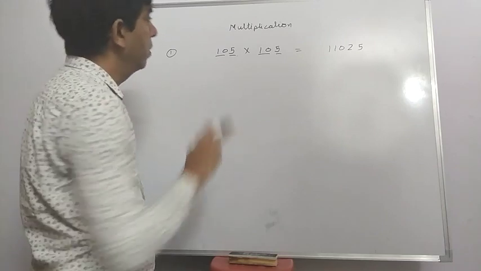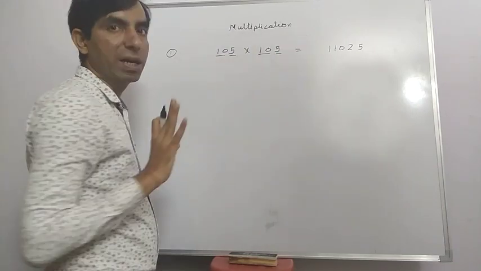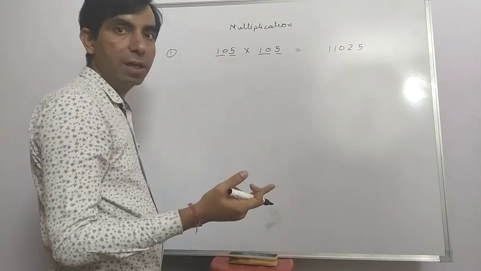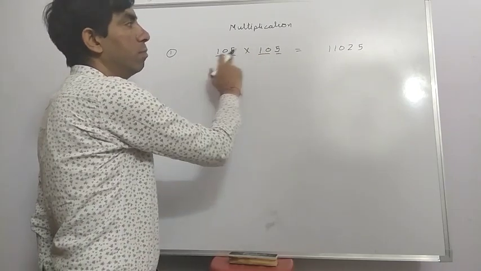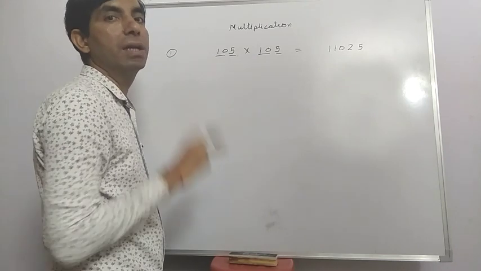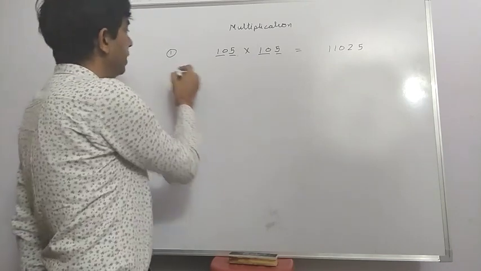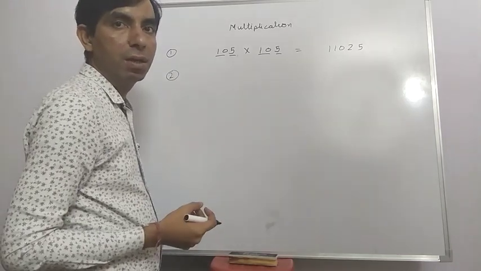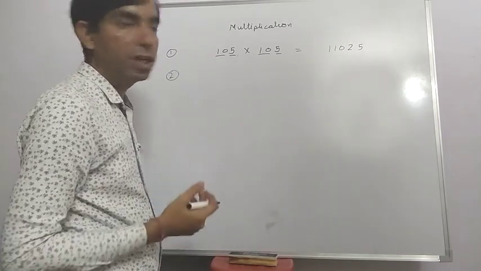Again I am repeating, we divide any number in two parts. First part multiplied by the next number, and second parts multiplied by each other. Let me again give an example for repetition of yesterday.